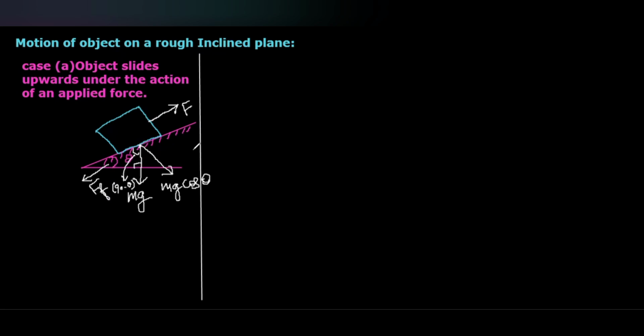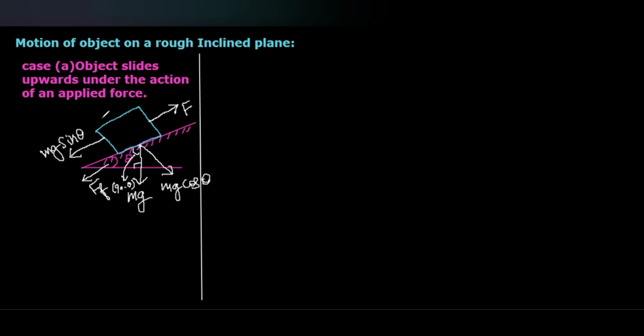Then the horizontal component of the resolved mg will be mg cos(90 minus theta). Cos(90 minus theta) becomes sin theta. So the horizontal component becomes mg sin theta.